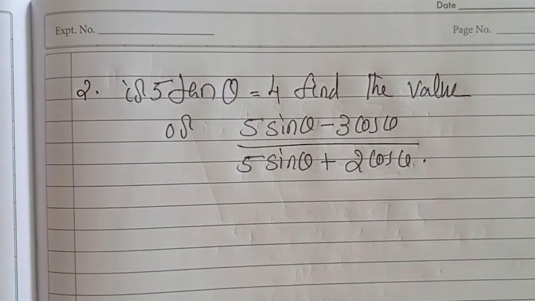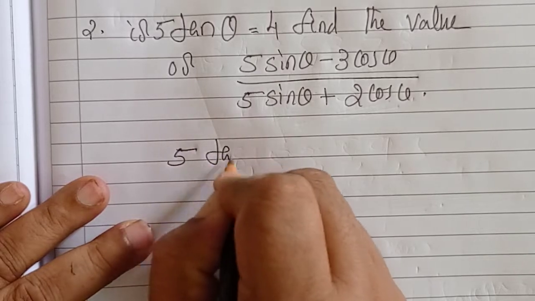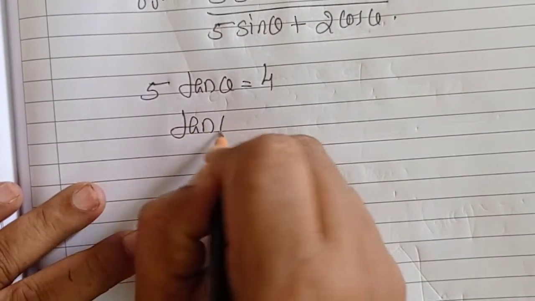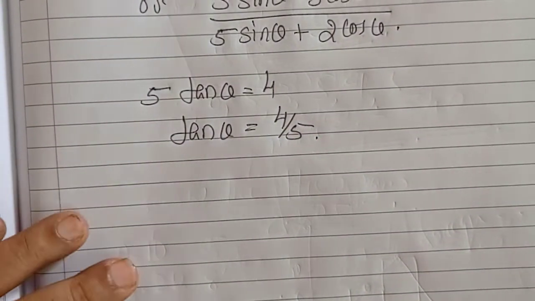Very important type question. Then take the given term. 5 tan theta is equal to 4 means tan theta is equal to 4 by 5.